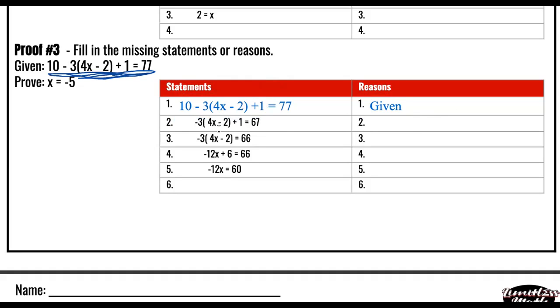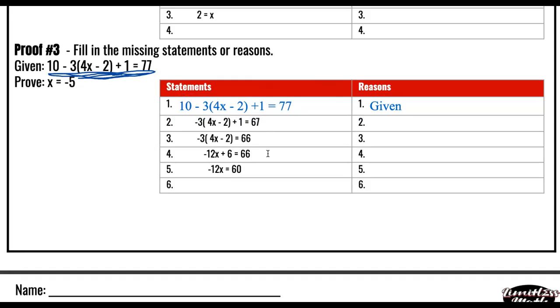What's different? Notice in statement 1, there was a 10. The 10's not there anymore for statement 2. Also notice in statement 1, it was equal to 77. But 77 has now become 67 in step 2. So I asked myself, how do I go from having a 10 and it disappearing and 77 becoming 67?